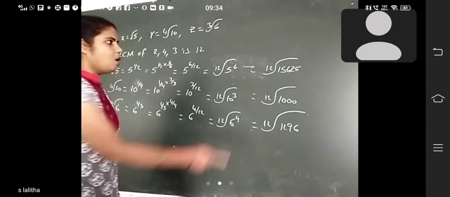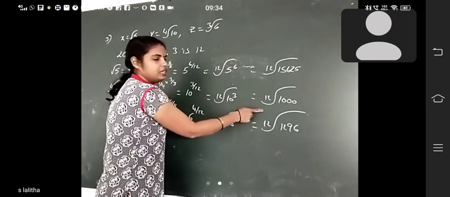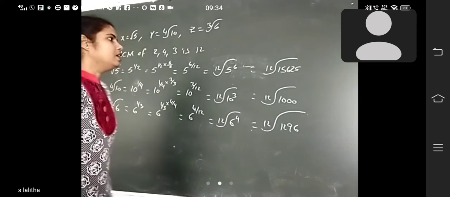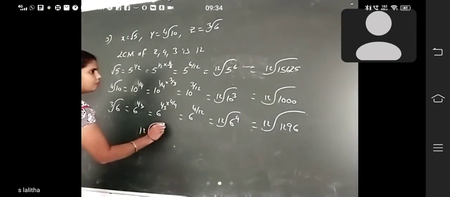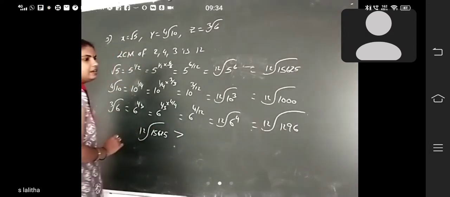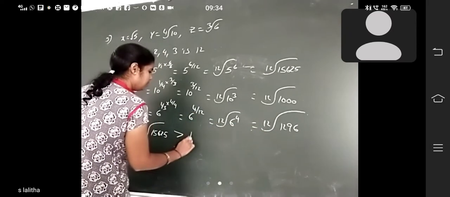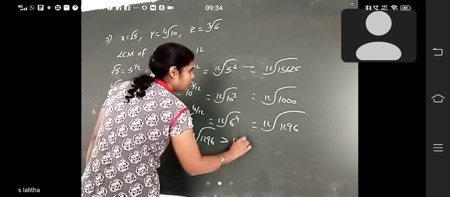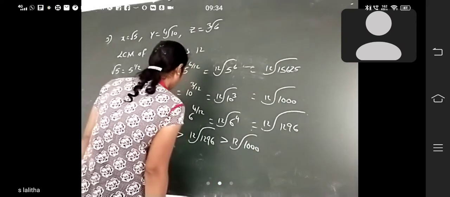Now which one is greater here? This one is greater. Now are all the roots equal or not? Yes, all are having the 12th root. So 12th root of 15625 is greater than 12th root of 1296, which is greater than 12th root of 1000.